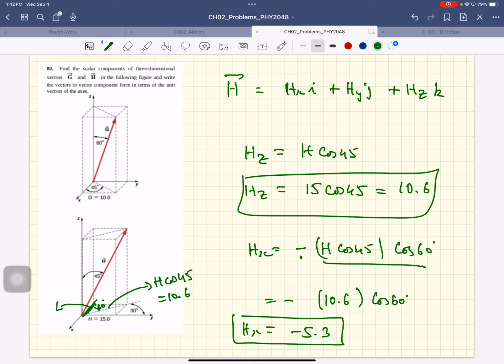What would hy be? This is h cosine 45, cosine 30 of that would be hy.